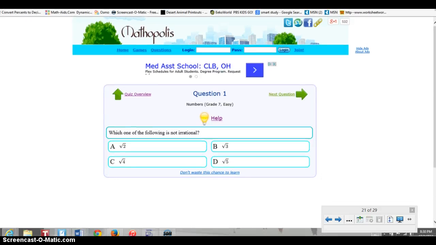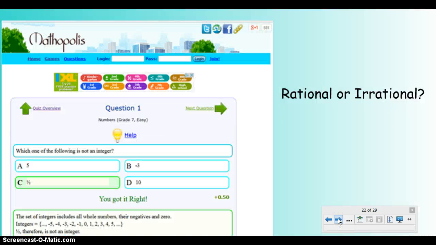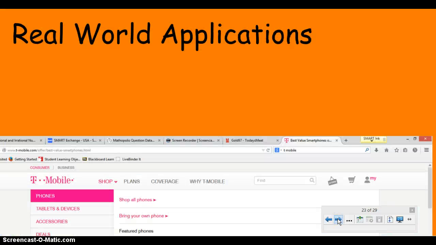And at the end, there is, again, an assessment opportunity with 10 questions. And it provides for me the student data to see how our students are doing with that.